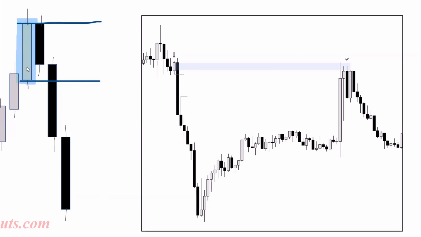Me personally, I use gray for the ones that go on the upside and black on the ones on the downside. I used to use blue, green, whatever you want, you can just change it. But you must understand the standard order block is simply the up candle before the down move, or the down candle before the up move. Now, how do we use this?